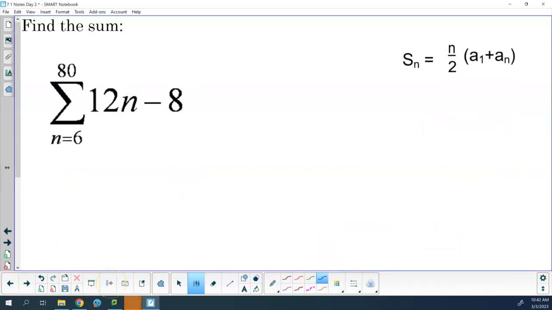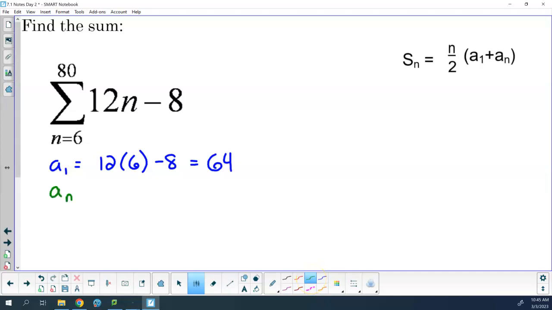Just the meanest. Try this one. First term is going to be 12 times 6, that's 72, minus 8, that's going to be 64.